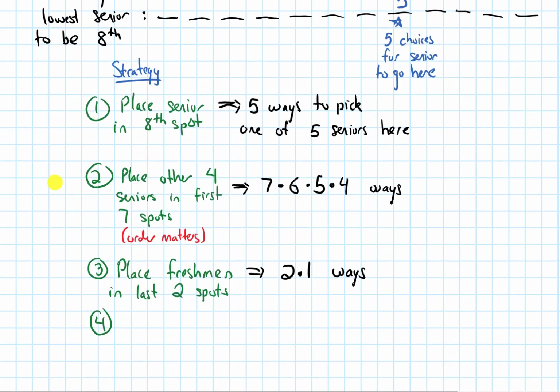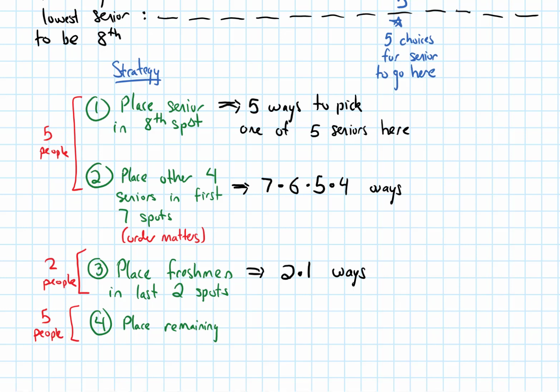Okay, and then finally we got to place the remaining people. So the 4th step to the strategy is now we place the remaining, let's see, there were 12 total people, and there were 5 people in steps 1 and 2, and there were 2 people here, which means to get to 12 total, there have to be 5 people left. So we are going to place the remaining 5 people in.